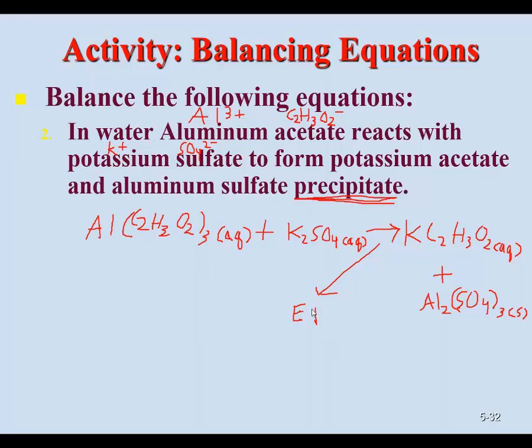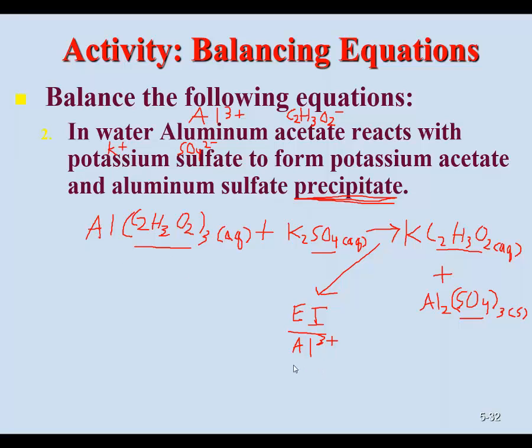Now to balance for all this, I'm going to write my element inventory over to the side here. So I have an element inventory. Now this is a perfect scenario where we look at groups of atoms that are repeating. Notice I have the group of C2H3O2 for the acetate ions repeating on both sides, and the sulfate anions repeating on both sides. So it's going to be much easier to balance this one by keeping track of just ions rather than individual elements. So I'm going to have my aluminum cation I'm going to keep track of, and I'm just working from left to right.